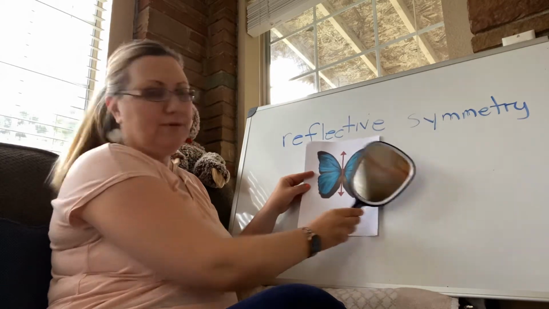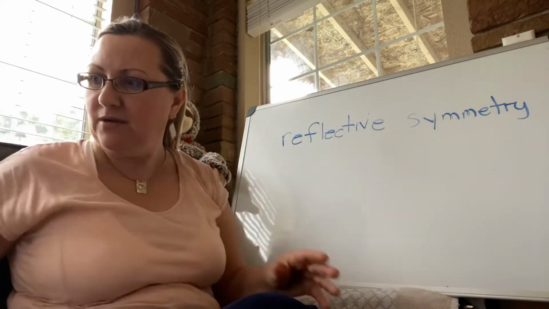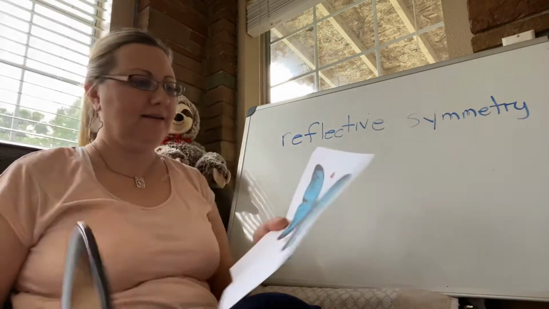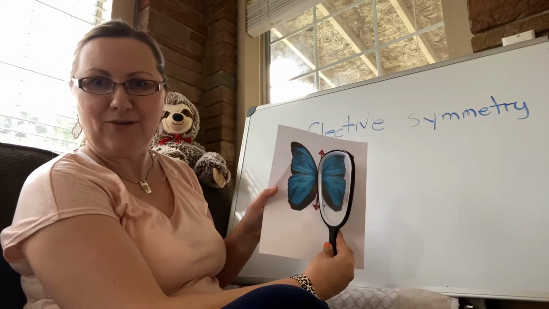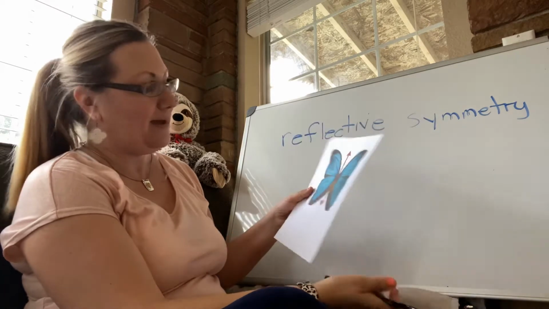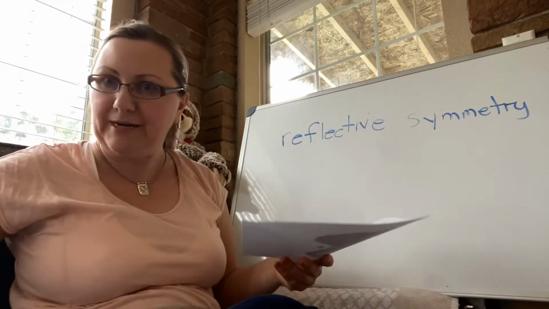So that's called reflective symmetry. Whenever you can complete an image by holding a mirror right down the middle, that's what we call reflective symmetry.